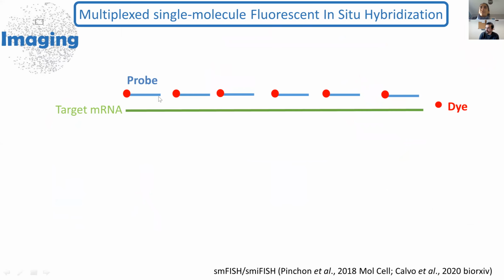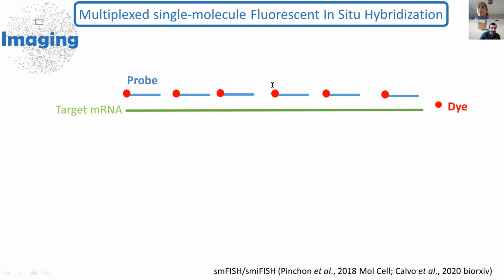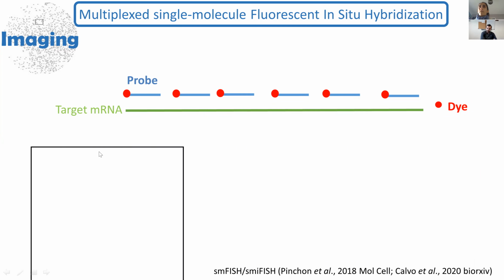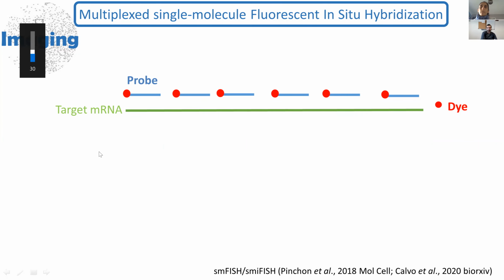Okay, so my turn. Thank you very much for being here today. So here I'm going to present you a technique that is based on single molecule fluorescent in situ hybridization, and the short name is smFISH. So the goal here is to visualize the transcriptome of your cells without any dissociation. So to see your mRNA in situ.